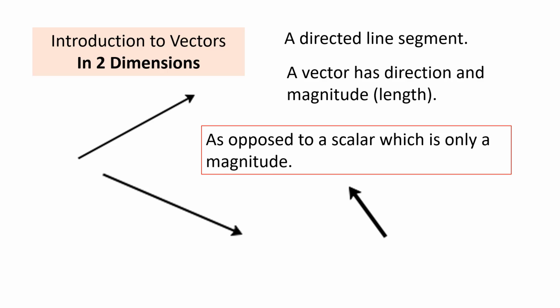So specifically in this video, we're going to address two-dimensional vectors, and in a later video, we'll advance to three-dimensional vectors. So we're talking about vectors as opposed to scalar, which is only a magnitude. So like in the last example, I pointed out that 10 meters per second, this was the magnitude, and if we had no vector to refer to, then that would be a scalar.